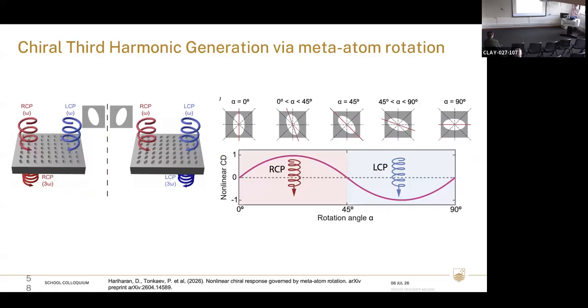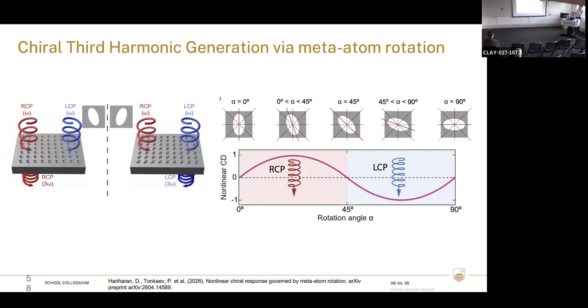Yeah, I guess one of the last projects I want to show you is again related to freestanding membranes, but here, instead of a plane with symmetry like C4 symmetry in the previous case, we came up with the idea of creating a meta atom, which is basically an elliptical hole in a square lattice.